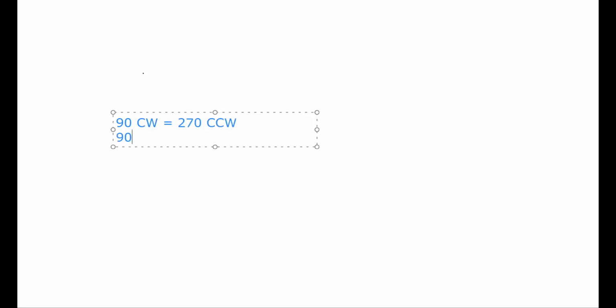The 90 counterclockwise is actually the same as the 270 clockwise. Okay, but actually for our table or for our book, you will only be using this table.